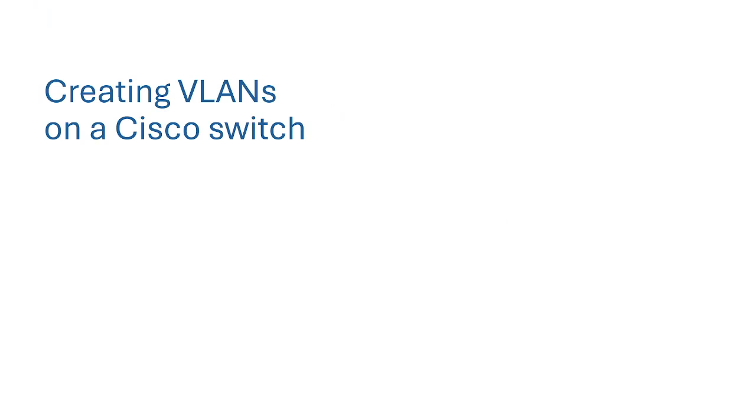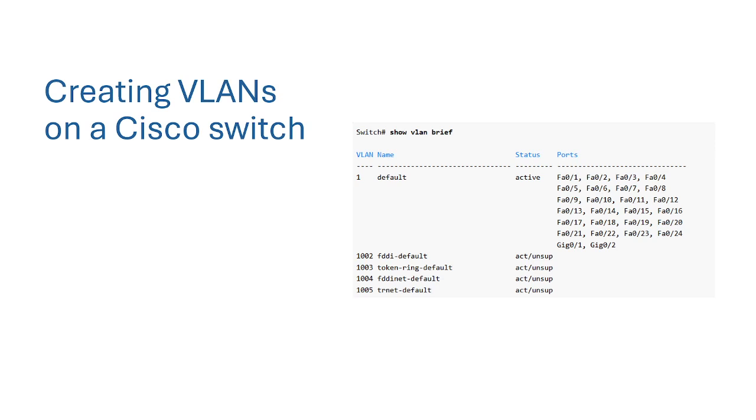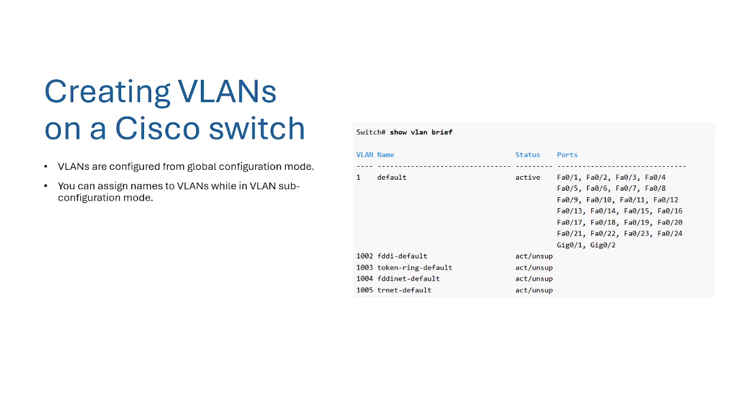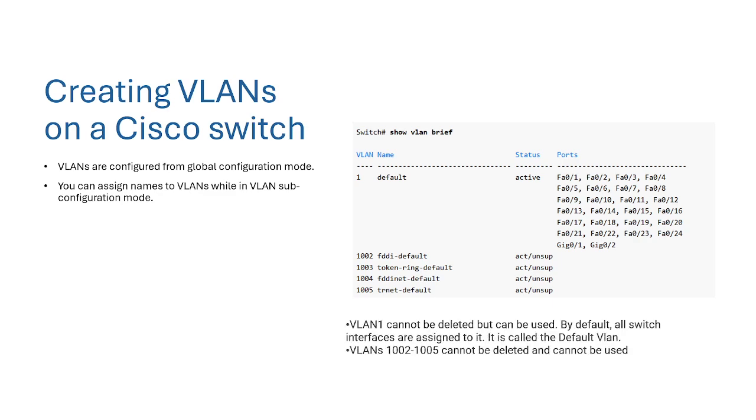And let's see how we create VLANs on a Cisco switch. By default, if you run show vlan brief on the Cisco switch, you can see all the ports are mapped into VLAN 1, which is configured by default. VLANs can be configured from global configuration mode, and you can assign names to VLANs while in VLAN sub-configuration mode.